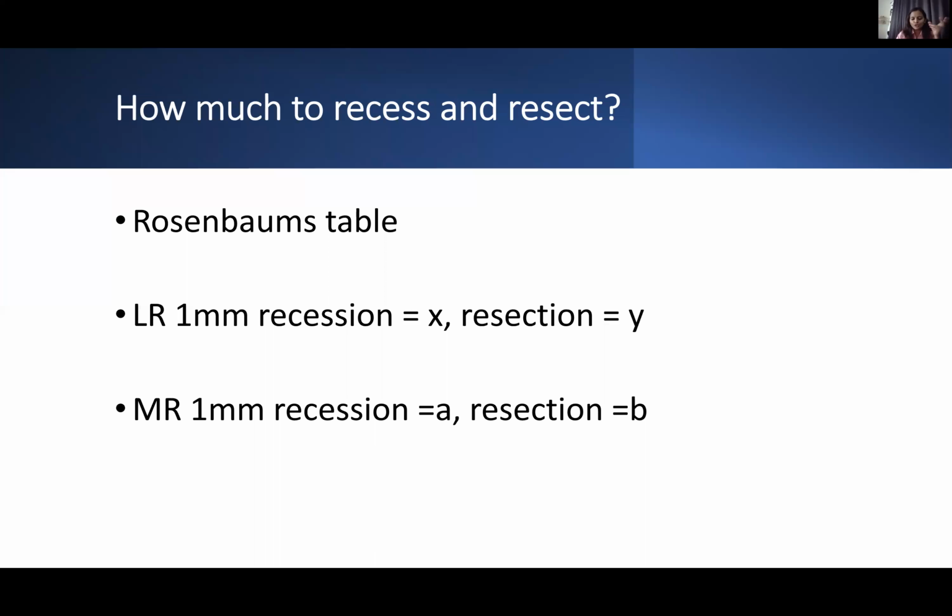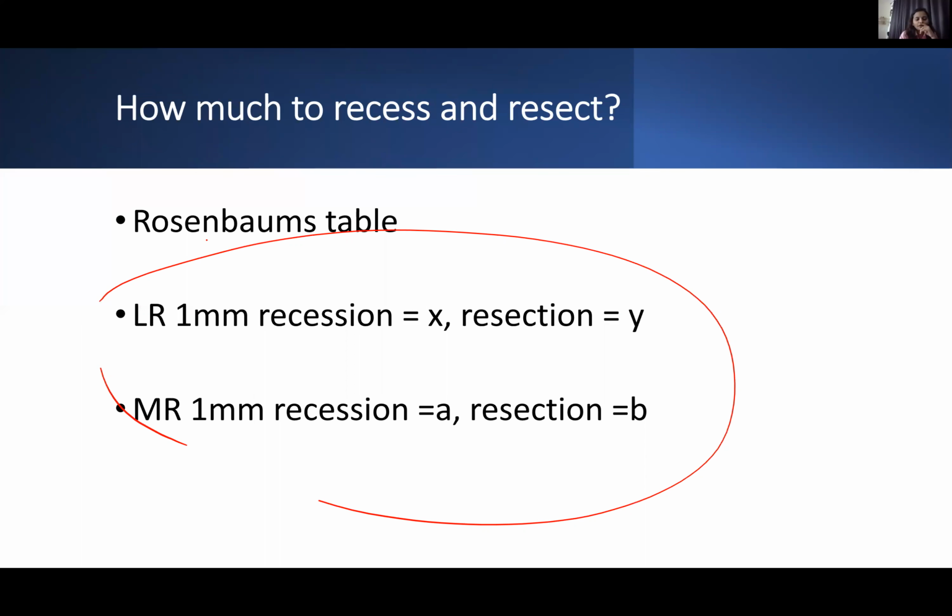So what should you follow? What are the disadvantages of following an algorithm like this? Up to a particular amount, say up to 6 or 7 millimeter, you may equate 1 mm of recession to correcting this much amount of exotropia. But beyond 7 or 8 mm of recession, the same 1 mm does not correct that much exotropia.